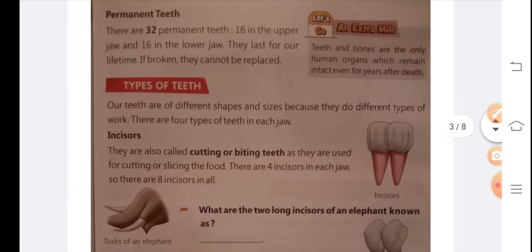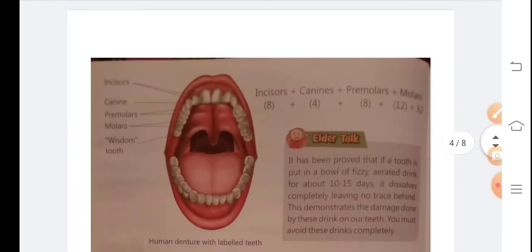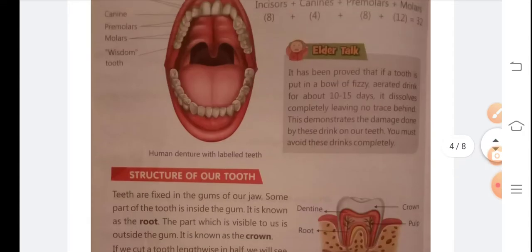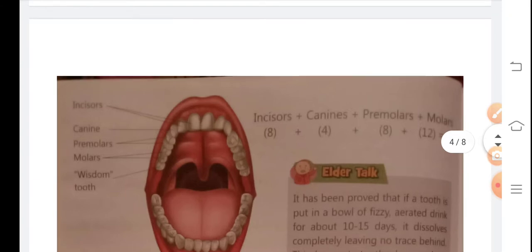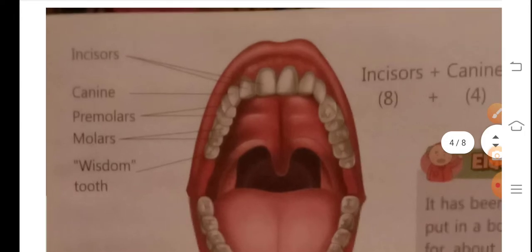We have also discussed the types of teeth before class. On page number 22, my dear students, you see the figure of the mouth and its teeth.